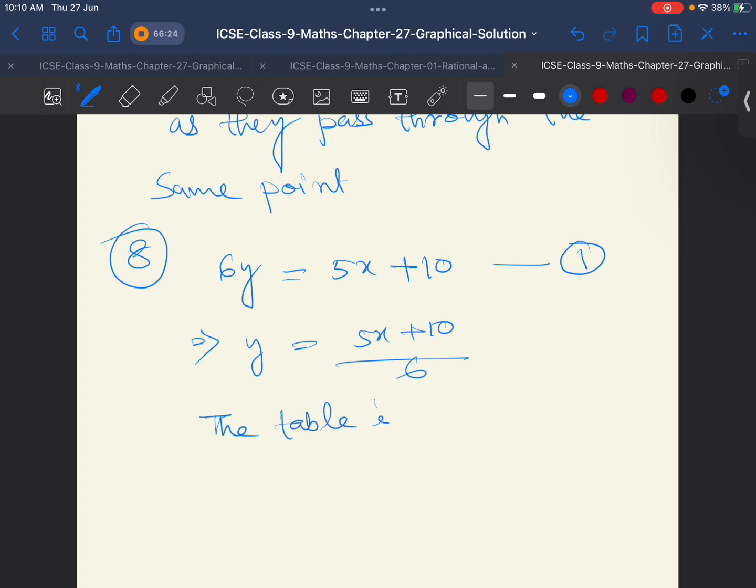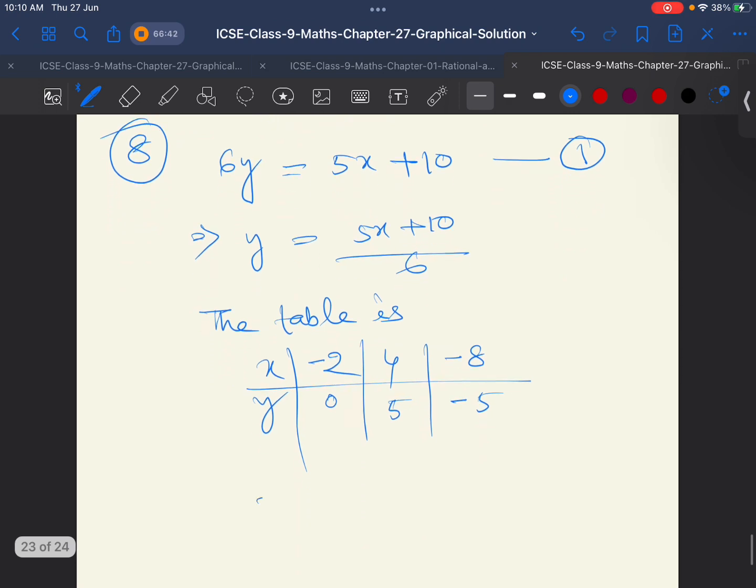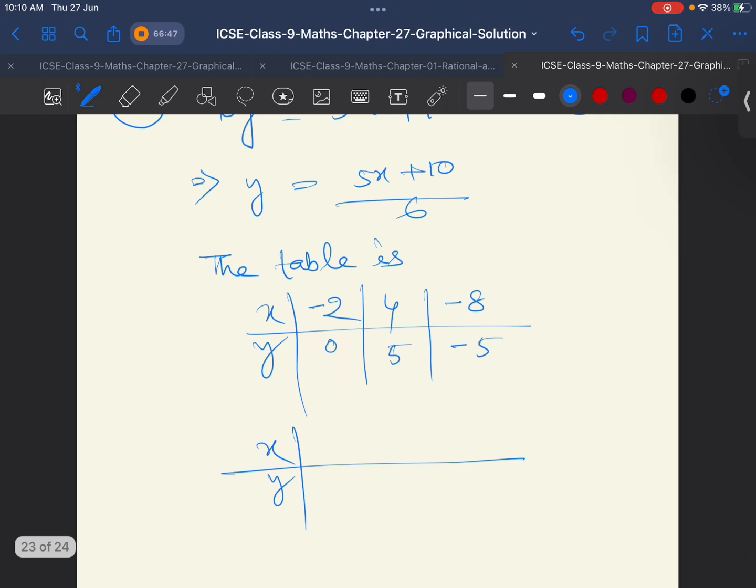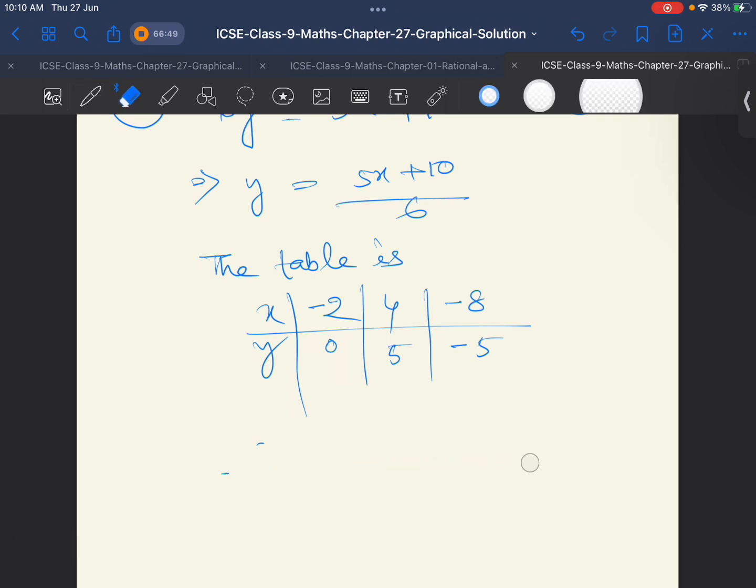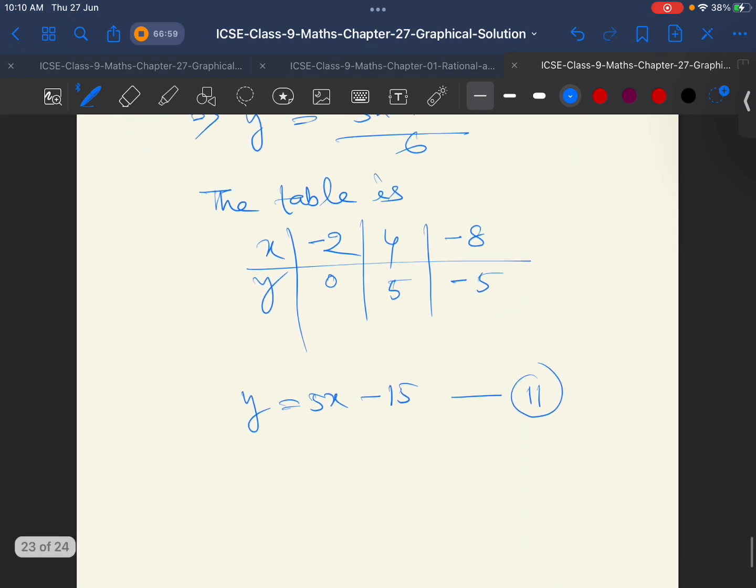So the table is x and y. If we put x minus 2, y 0, x 4, y 5, x minus 8, y minus 5. Okay, now equation 2, y equals to 5x minus 15.